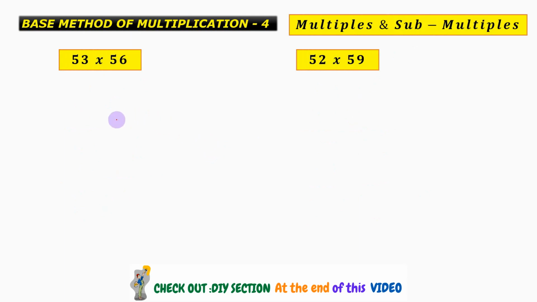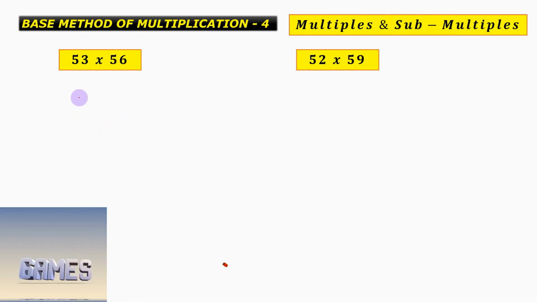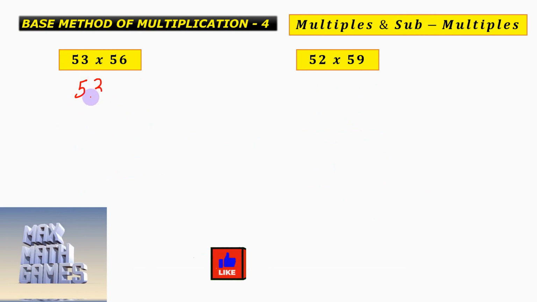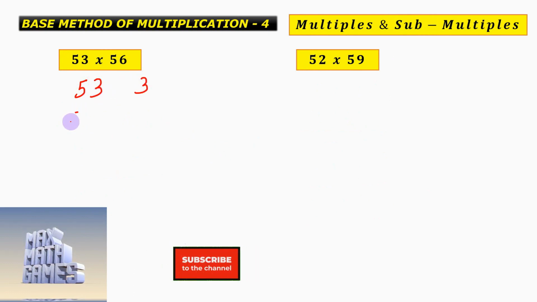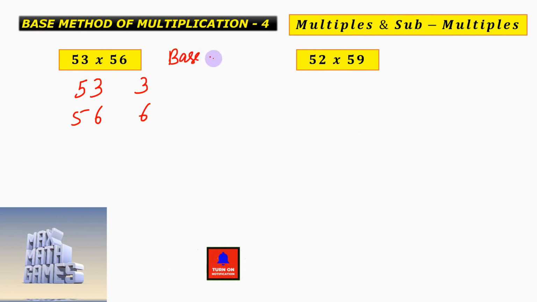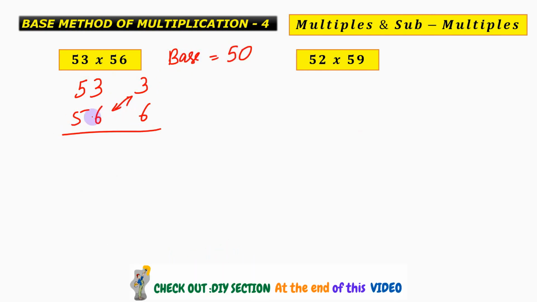Here we have 53 into 56. So we write 53, plus 3, 56, plus 6. Again the base is equal to 50. So we add these two numbers. 56 plus 3 is equal to 59, and we multiply these two numbers, that is 3 into 6, so we get 18.